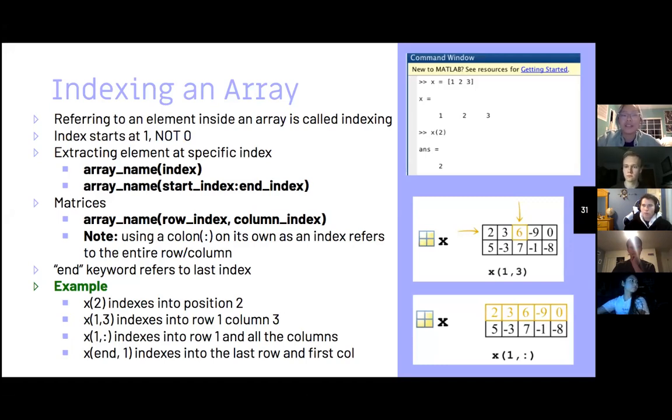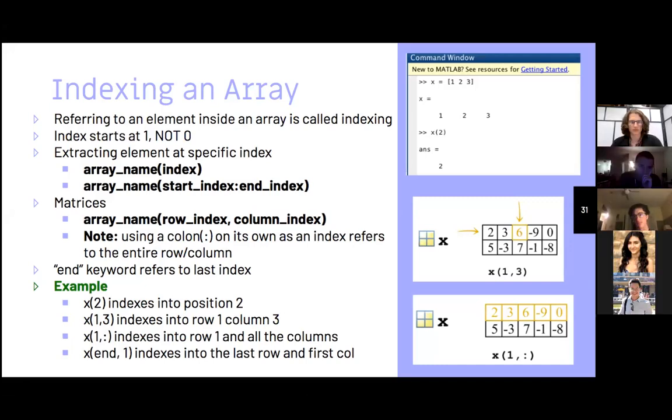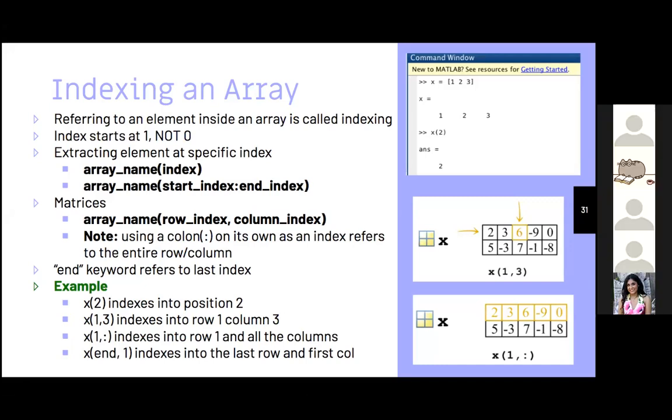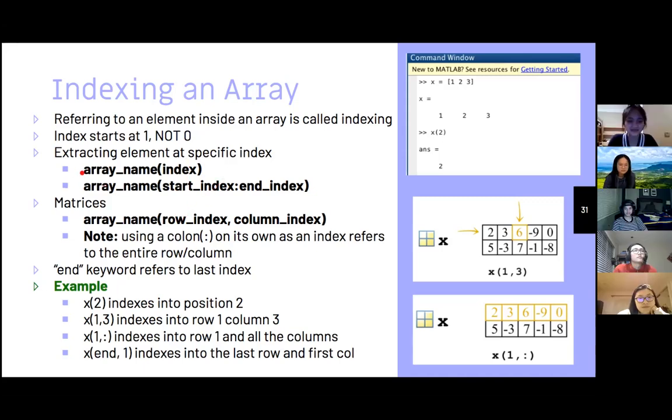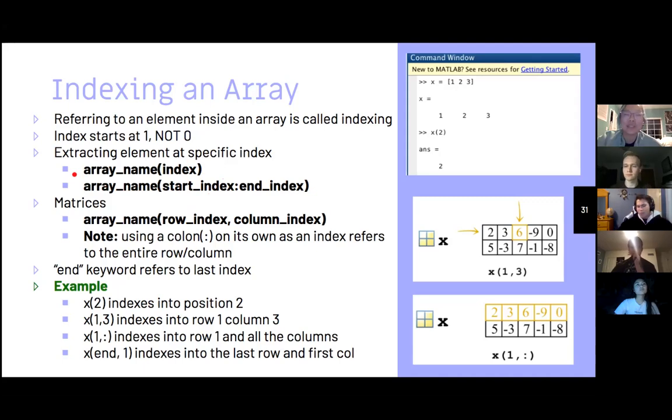And like Travis said, indices start at 1, not 0, which is very different from all your other programming languages, and is why people make fun of MATLAB and say it's not an actual programming language. But if you want to extract an element at a specific index, you just type in your array name, variable name, and then use parentheses rather than brackets for your specific index.